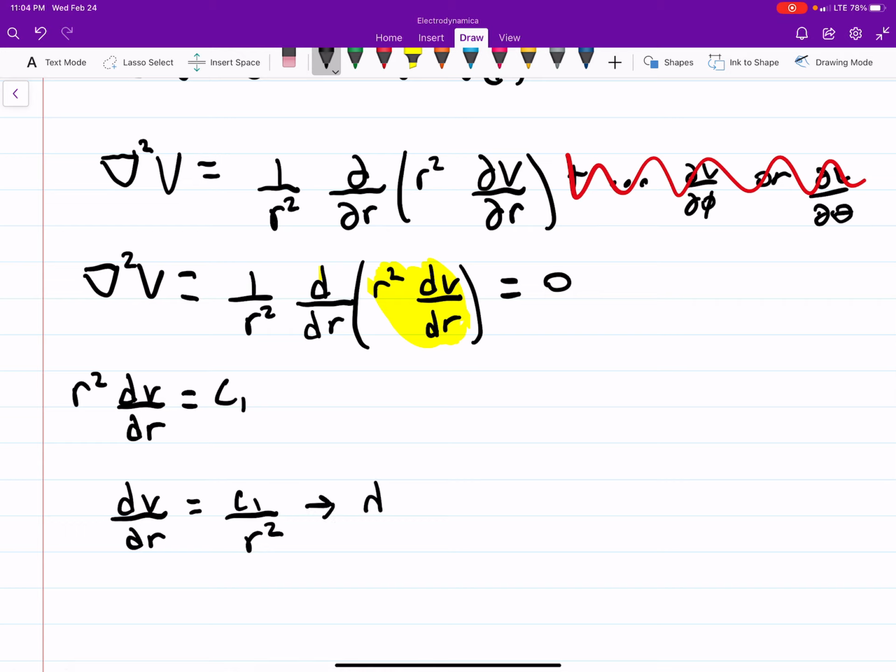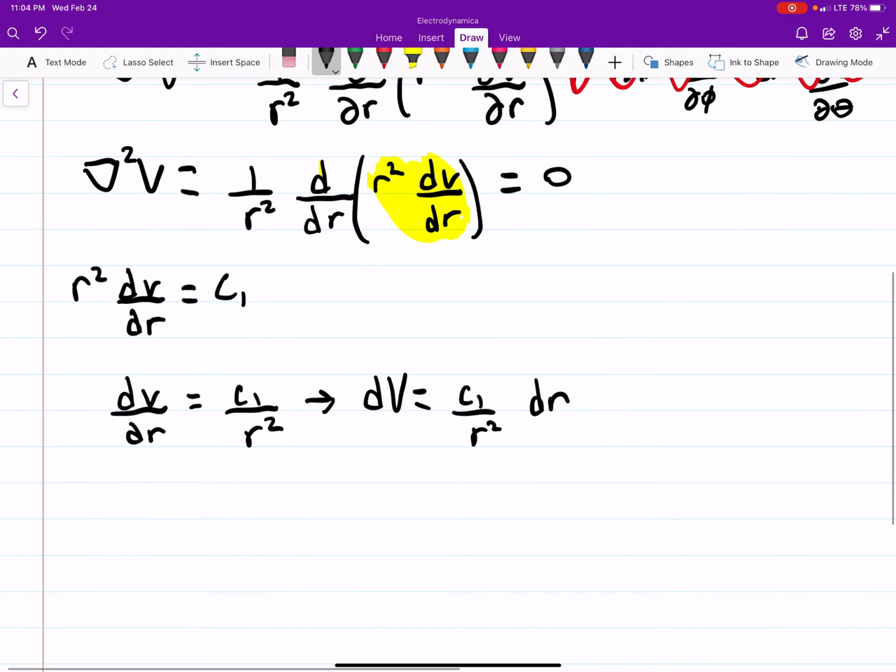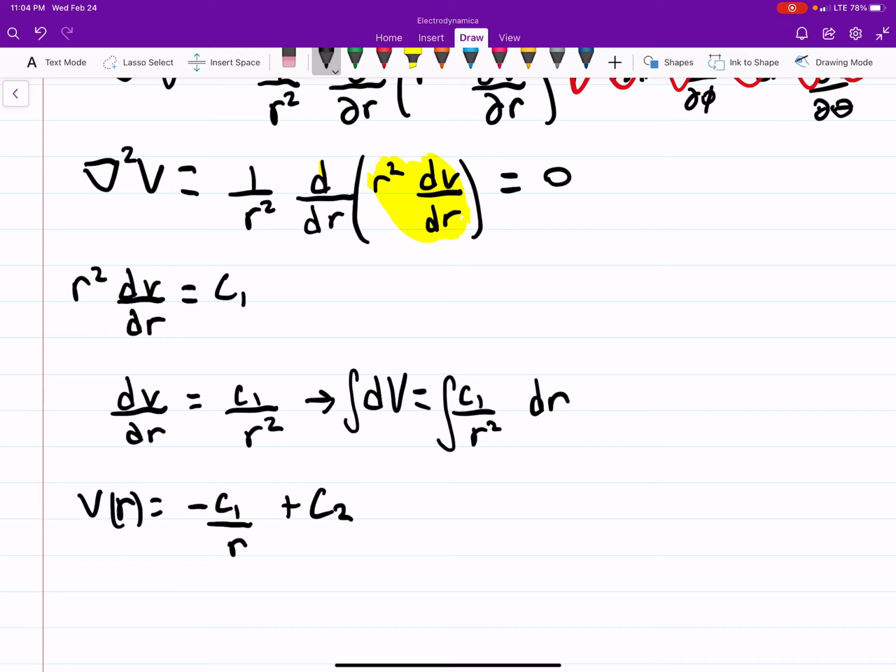Or if we multiply both sides by dr, you get dV is equal to c1 over r squared dr. And if we integrate both sides, then what we find is our potential V is equal to negative c1 over r. And then when we integrate, we get another arbitrary constant, which I'll call c2. And this is our potential as a function of r, and this is just a general solution.